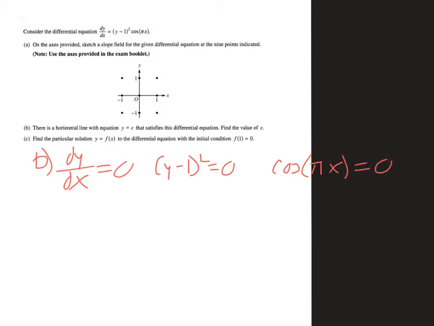Now, when we solve this cosine of pi x, you're going to get x equals something. But I actually don't care, because the question specifically says a horizontal line y equals something. So this is not what we're looking for. So we just need to solve this one over here, take the square root, add the 1 over, and you get y equals 1.